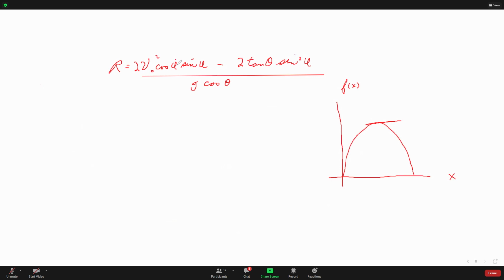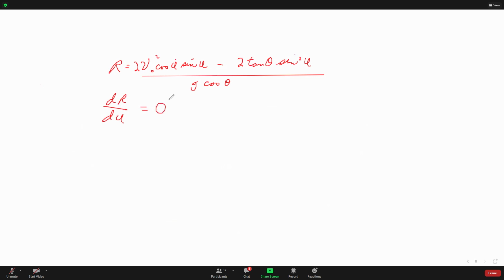We'd like to know what launch angle gives me the maximum range. So what I do is I take dR d phi and set it equal to 0.